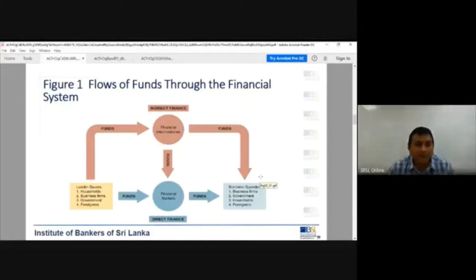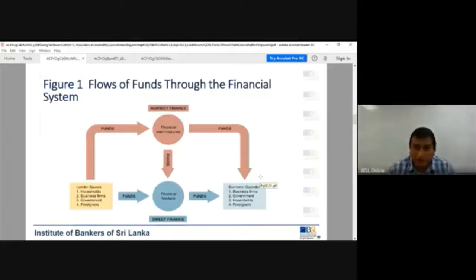They have saving, they are ready to lend, right? They have excesses over and above their consumption, they earn. So that's one side of the equation. And another side in the equation is the so-called borrowers. So they want to spend for various purposes.